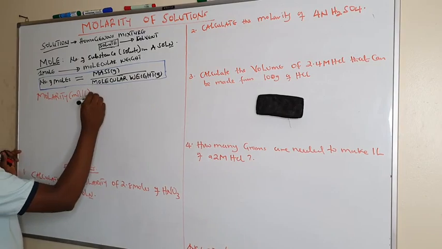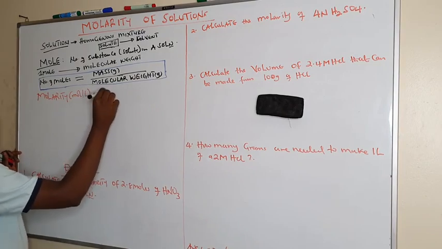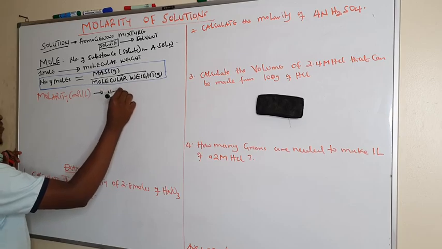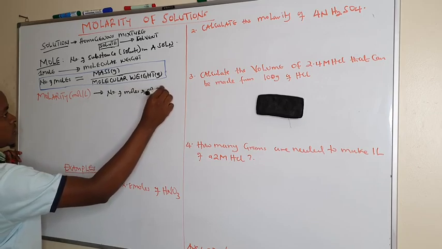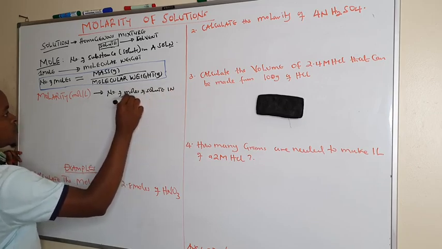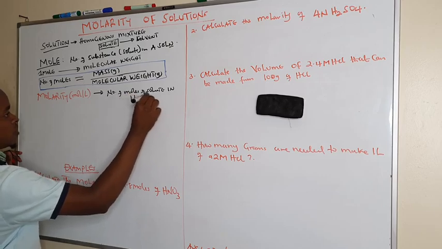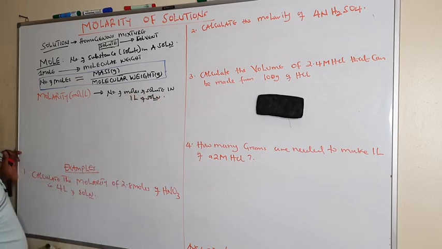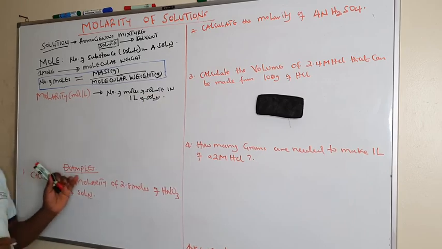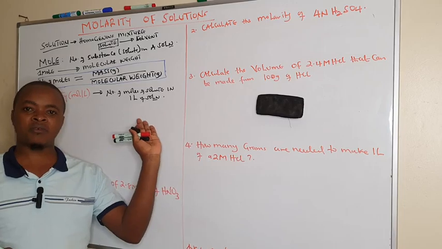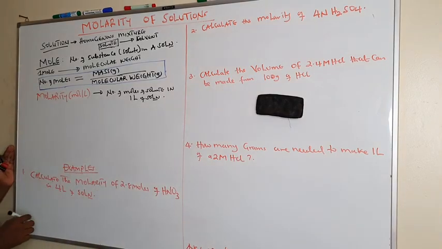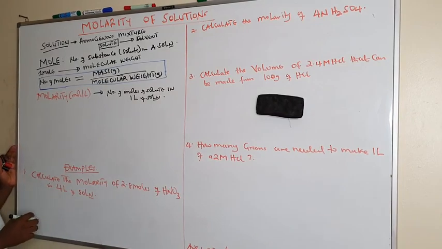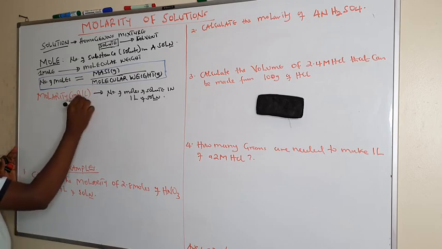Molarity is the number of moles of a solute in 1 liter of a solution. That is what we call molarity. So molarity is always in a liter or 1,000 mL: the number of moles of solute in 1 liter of a solution, or what you can call mole per liter.